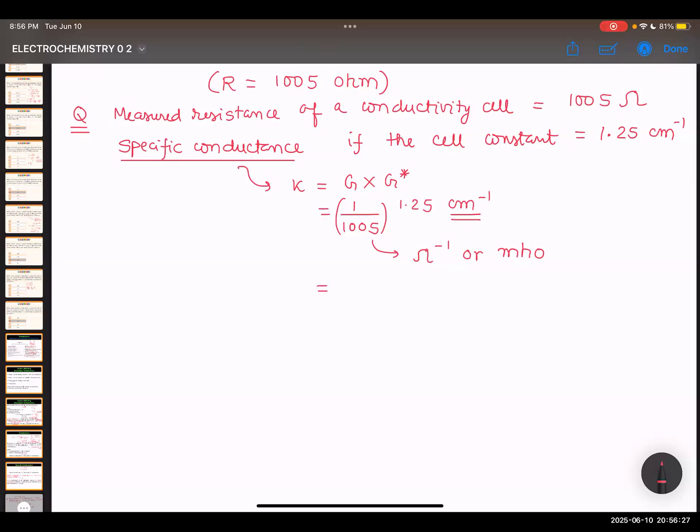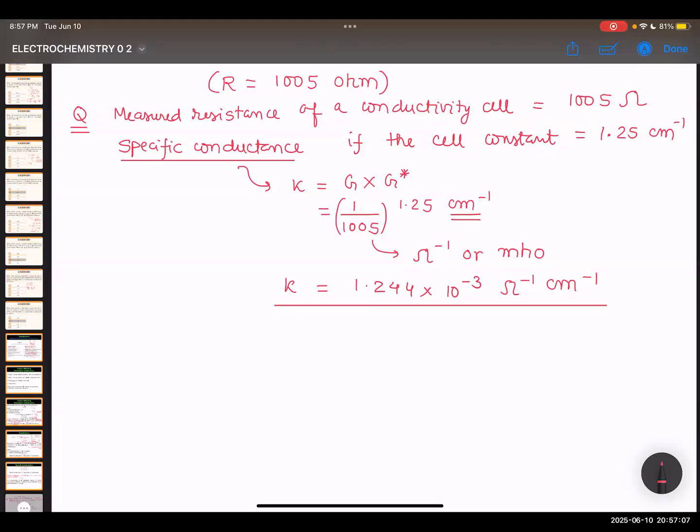So kappa is going to be 1.244 into 10 to the power minus 3 per ohm per centimeter. Is this clear? Kappa equal to Gg, G and G star, or Cc, conductance into cell constant, that's the mnemonic.